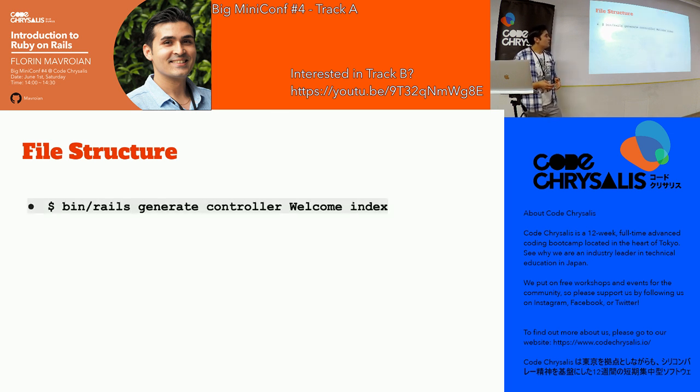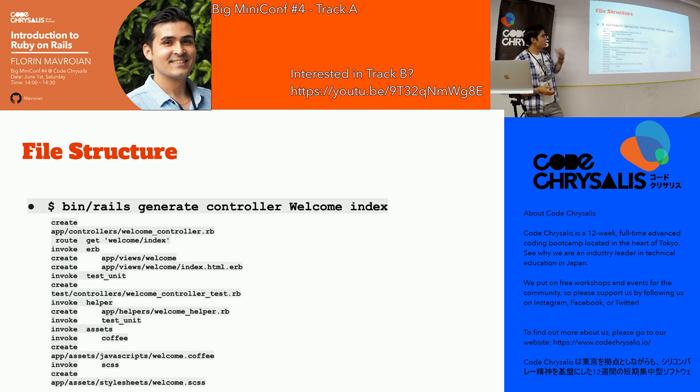If you want to make a new page in your application, you just need this command, rails generate controller, and it will automatically create your page, tests, helpers, and style sheets. It will also have routes for that page. Everything is done for you, so you will just think about writing the code, not configuring anything else.